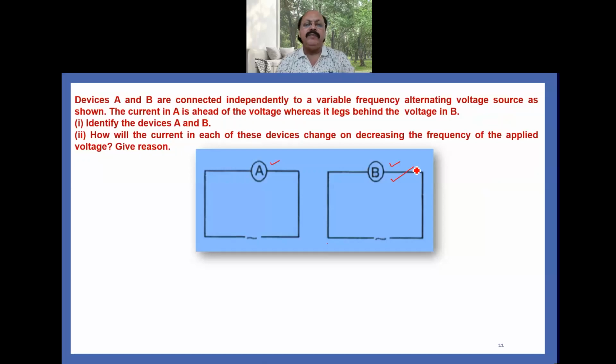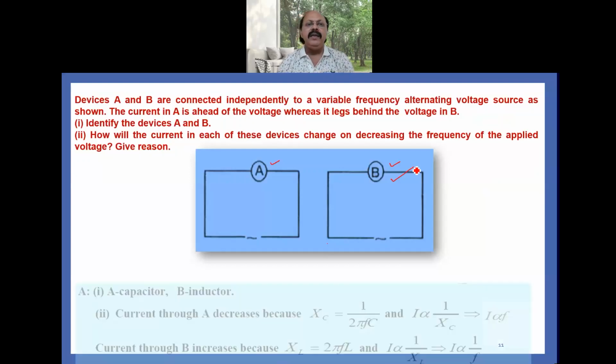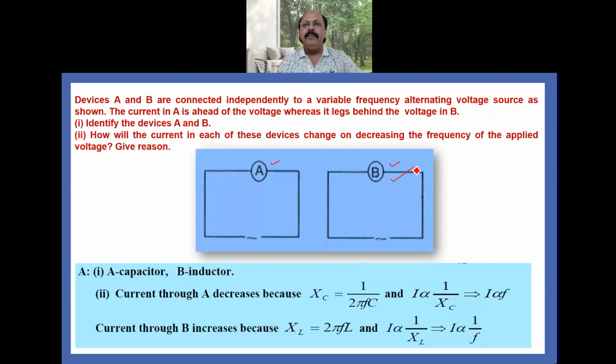So first you have to identify the two devices, then you can solve the second part. In case of device A, current ahead means lead, so device A is a capacitor and device B is an inductor.